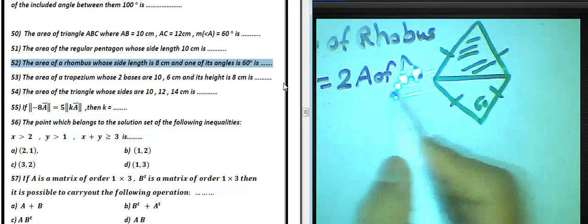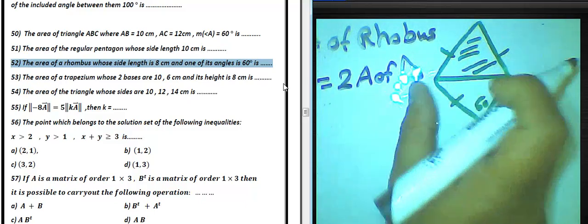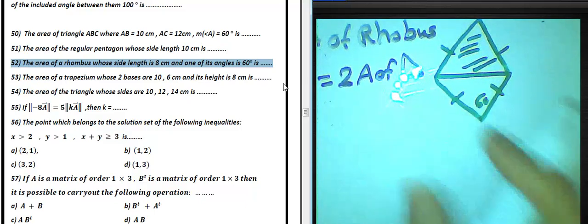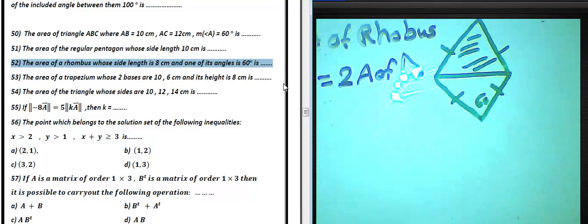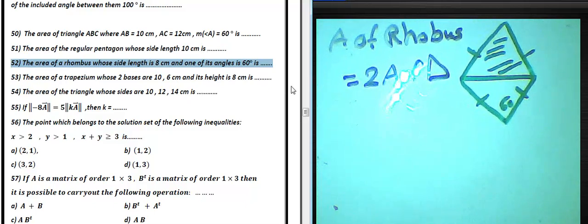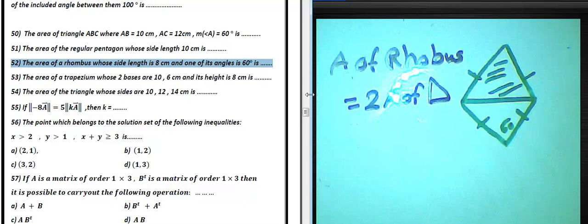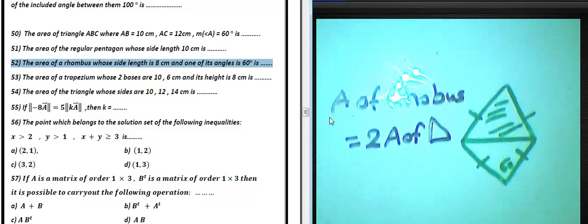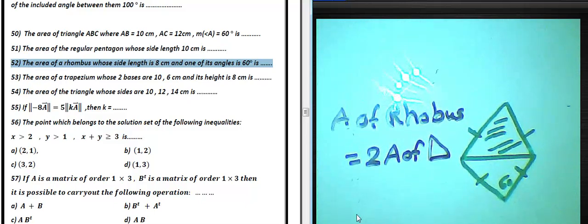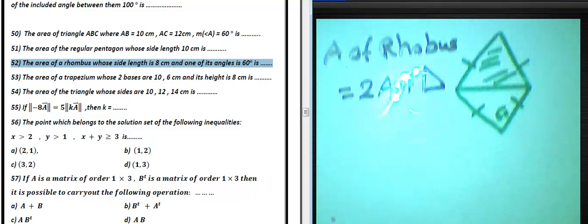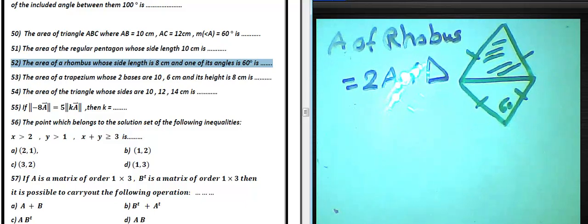You can get the area of this triangle and multiply by 2 to find the area of the rhombus. So the area of a rhombus equals twice the area of a triangle. I will complete it here.